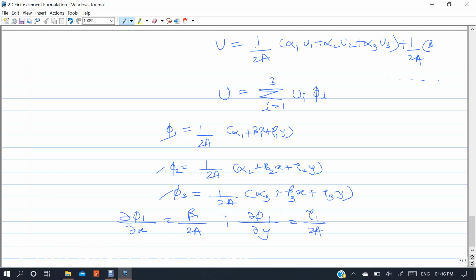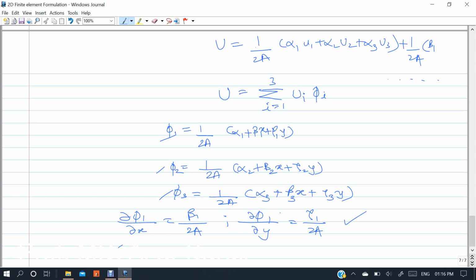Okay, similarly for phi 2 and phi 3. So these are all the strains for linear triangular elements, and if they ask you to find the strains for your element, then you have to use these equations for the linear triangular element.